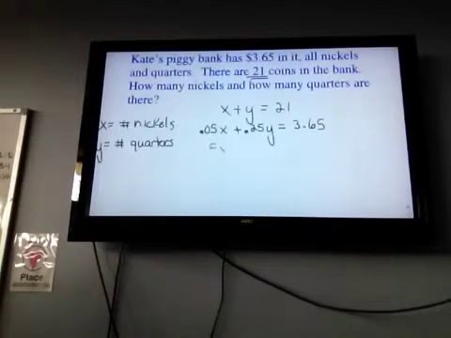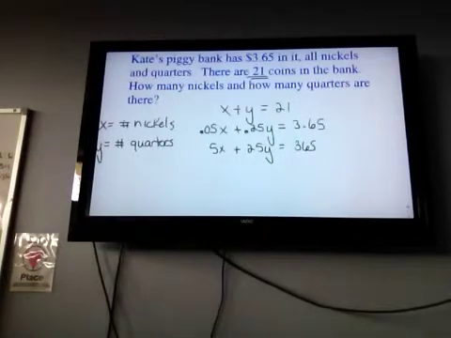5x plus 25y equals 365. So 5 cents, 25 cents, 365 cents. Really all you're doing is multiplying it all by 100 because it moves the decimal 2 places, 2 places, 2 places.